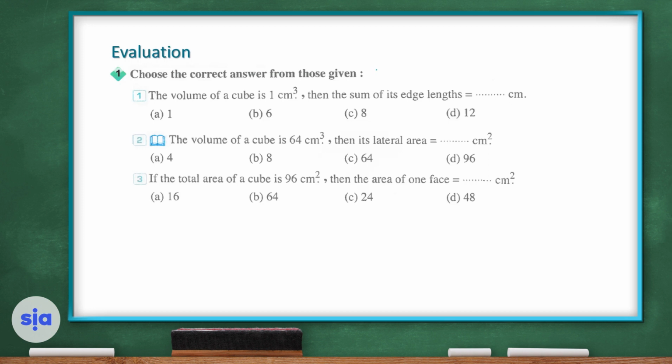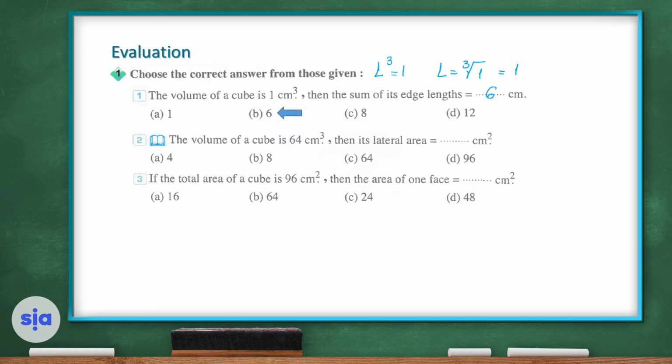If the volume is 1 centimeters cubed, then L cubed equals 1. So, L equals the cubic root of 1, which is 1. Now, we have 6 edges, so the sum of the 6 edges is 1 plus 1 plus 1, six times. So 6 times 1 is 6 centimeters. So the right answer in question 1 is B.